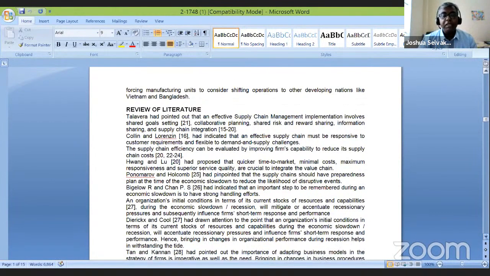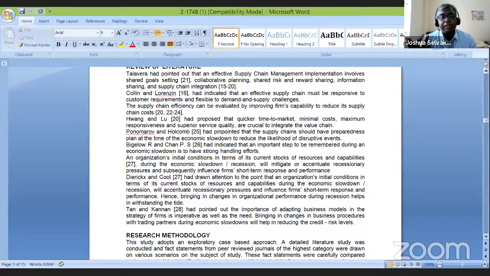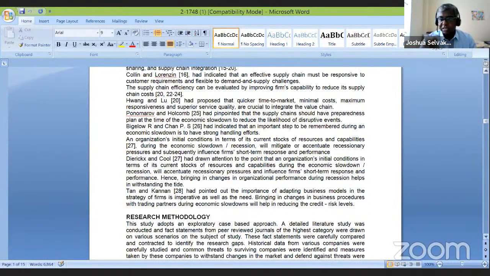For example, since this is research, I'm slightly deviating from the area of supply chain. Recently, I was doing environmental research, because we have a course called MBA in Waste Management, approved by AICTE and Anna University.